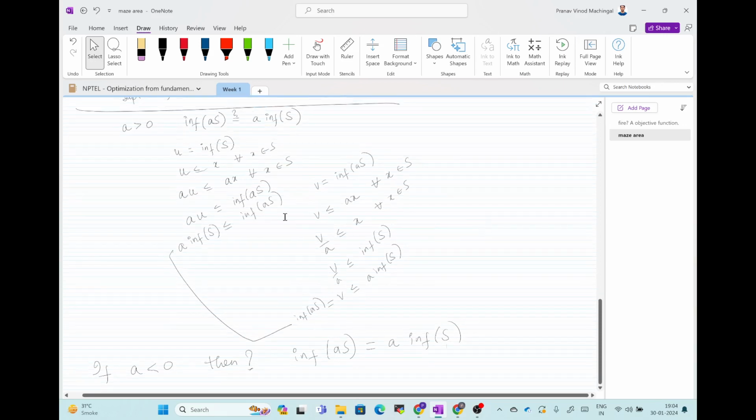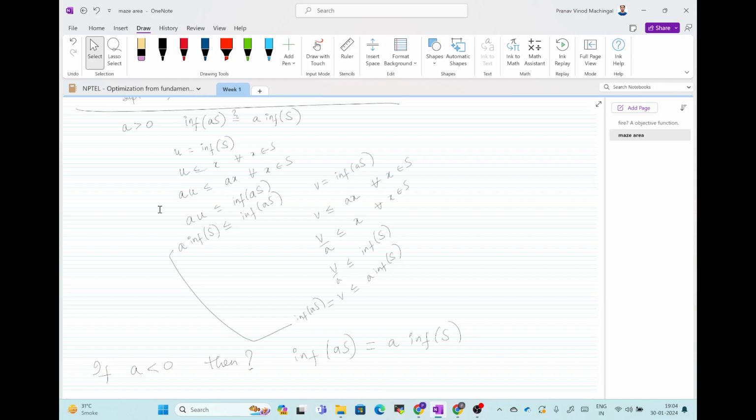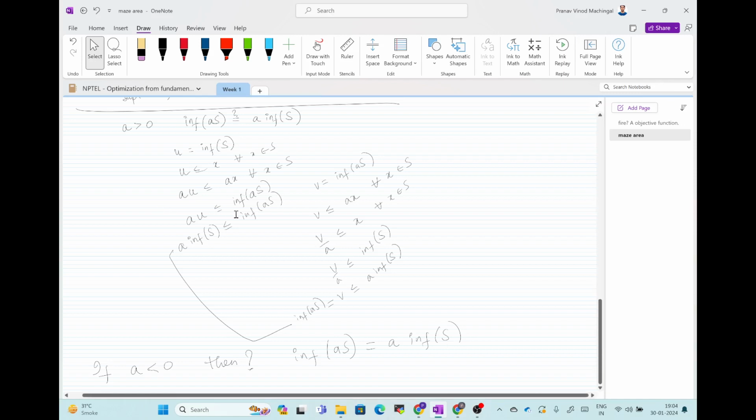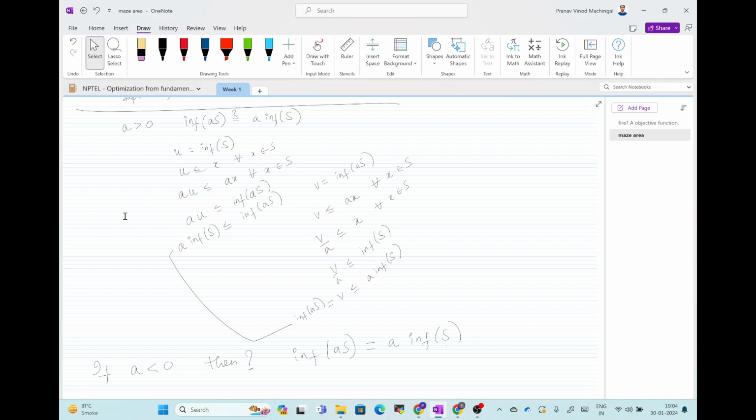If you know, u is less than or equal to x. So au is greater than or equal to ax because a is negative. You can invert those things, but then you can't introduce infimum there. Okay, yeah, if we do that, then it is not infimum. So that is the key.